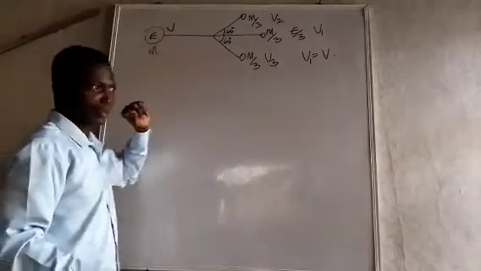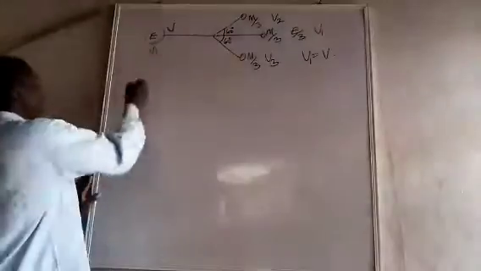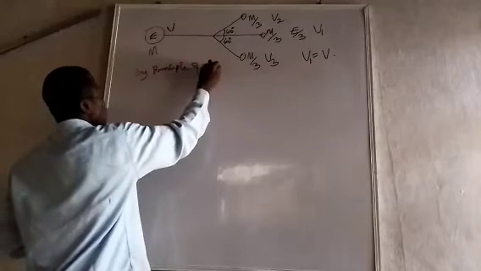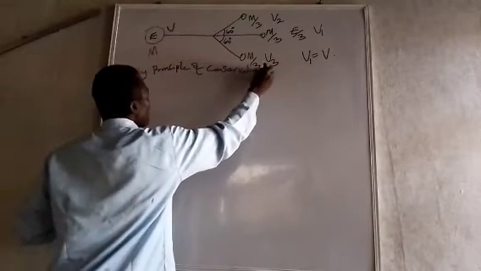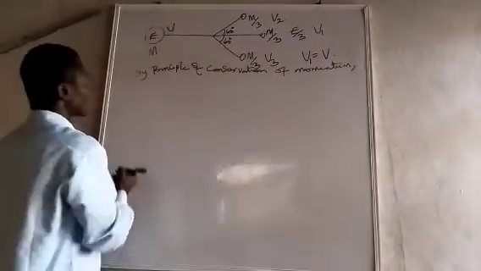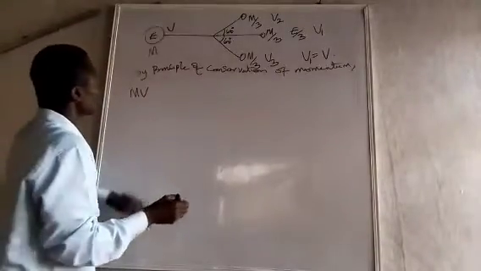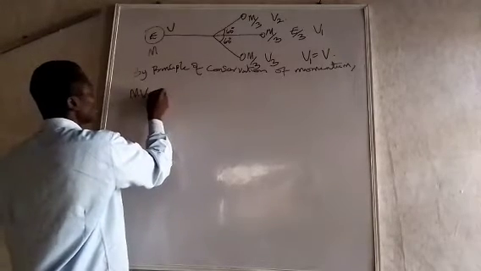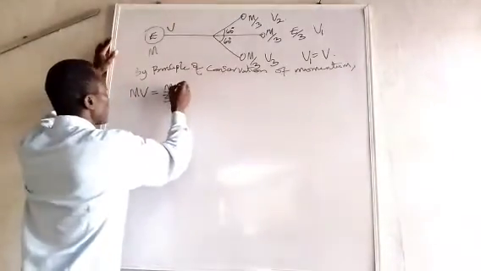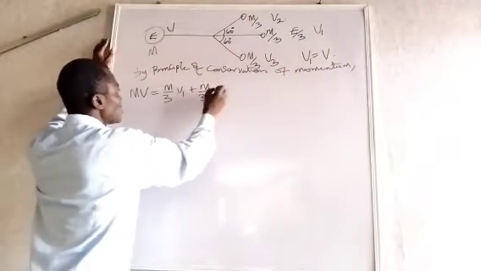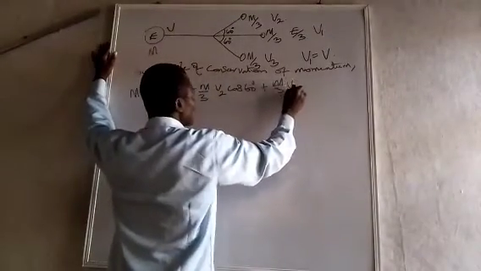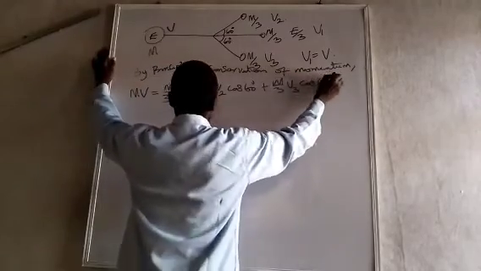We want to get the other velocities, and we can do that through conservation of momentum. By the principle of conservation of momentum, m v is equal to m over 3 v1 plus m over 3 v2 cos 60 along this line plus m over 3 v3 cos 60 degrees.